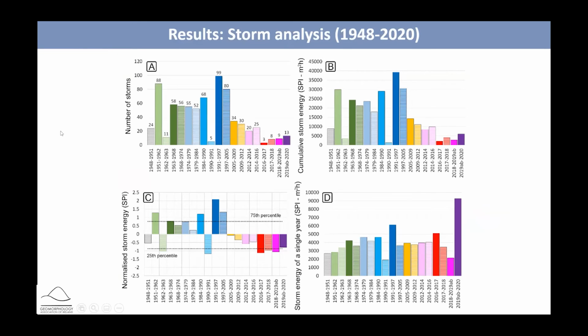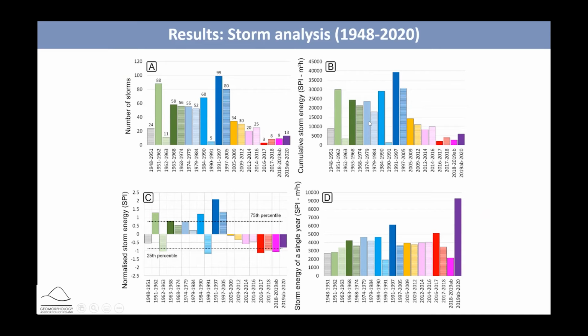So talking about the forcing parameters, you can see in the first frame here the number of storms that occurred between each period. The periods have of course a different length, a different duration, because the temporal duration is given by the data source available to digitize the shoreline.